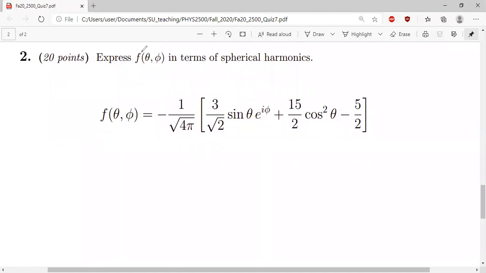So the second problem is not a lot of math, as it turns out, but a lot of understanding what that table of spherical harmonics is and what it means to express something in terms of spherical harmonics.